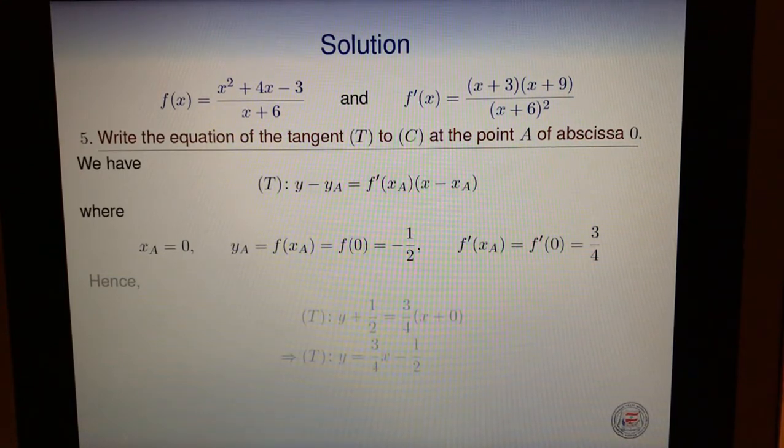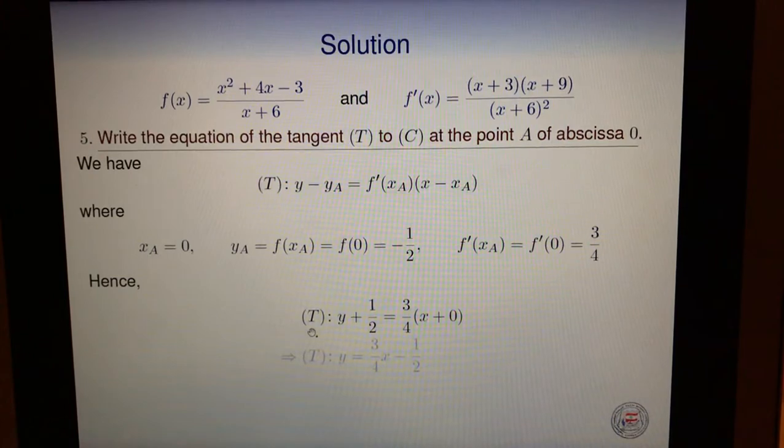Now f prime of xa is equal to f prime of 0. So replace x by 0 in the expression of f prime of x, and you will get 3 over 4. Now just plug these terms, ya and f prime of xa, by their values.